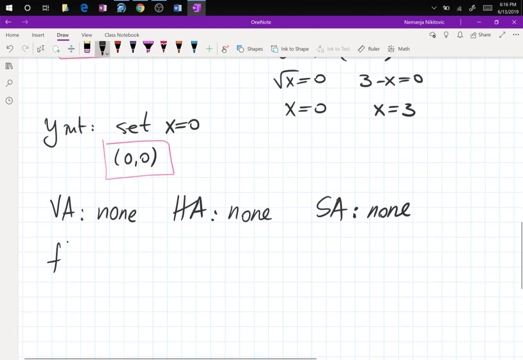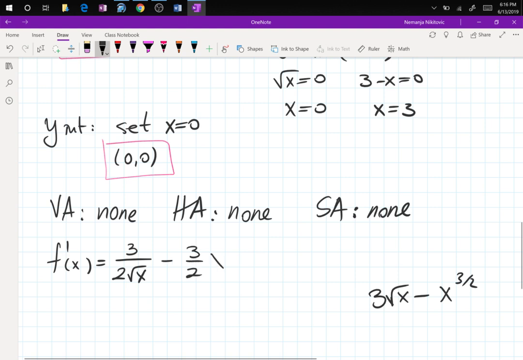Great. What's the first derivative, f prime? Well, our function is 3 root x minus x to the 3 halves. So what's the derivative? It's 3 over 2 root x. The derivative of square root is 1 over 2 square root of x. And then you have times 3. Minus 3 halves x to the 1 half.